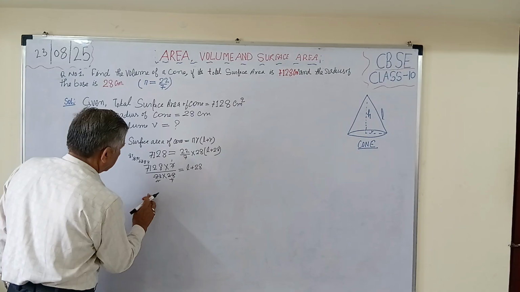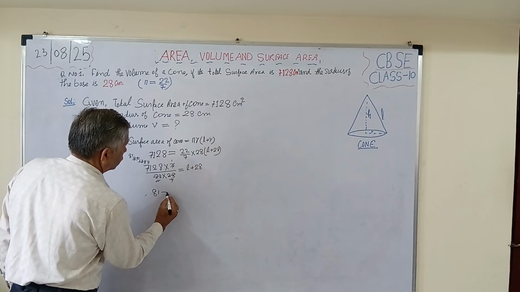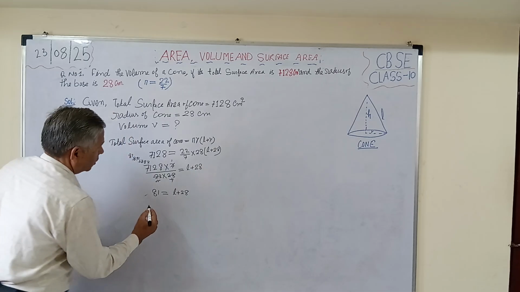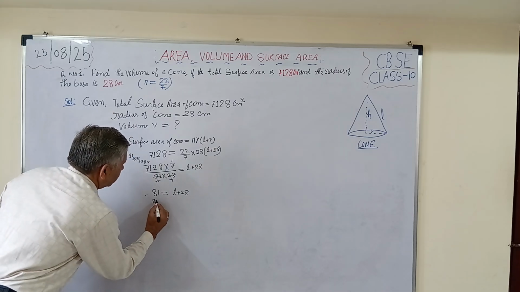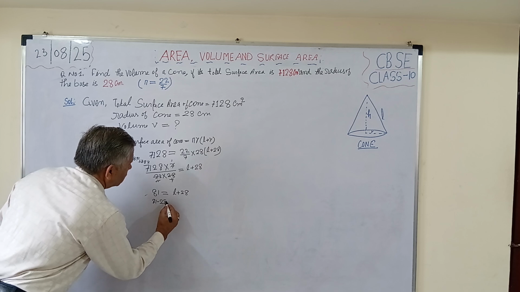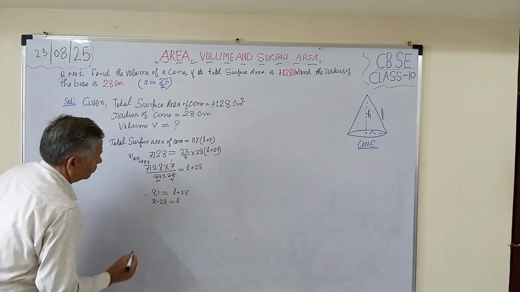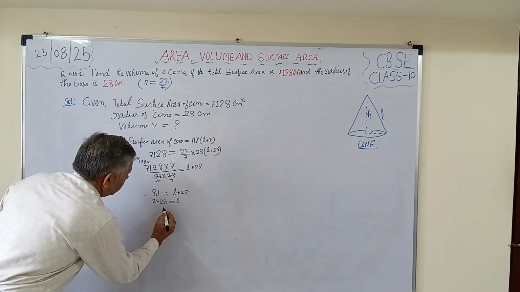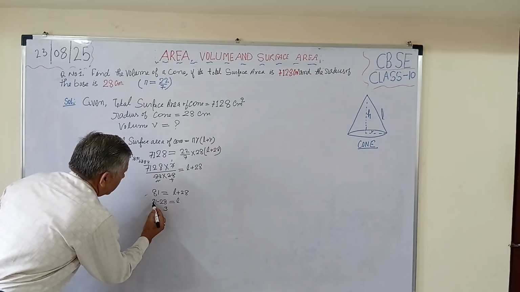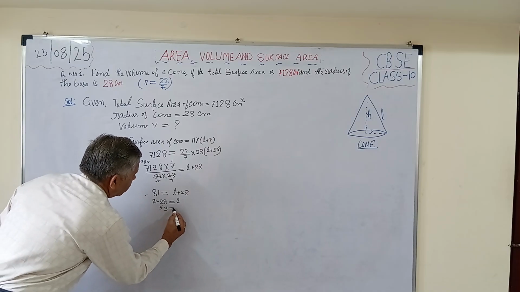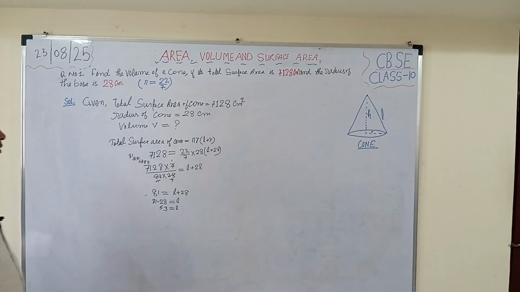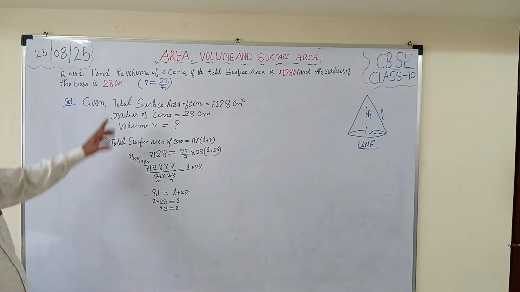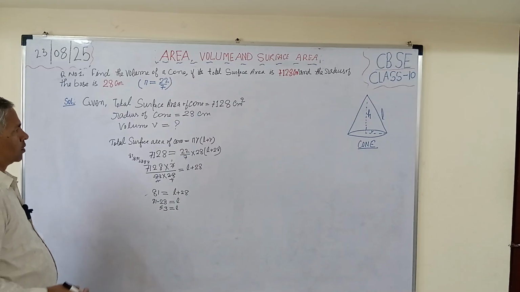So we get 81 equals L plus 28, or 81 minus 28 equals L. This comes out to be 53. So L comes out to be 53, that is, the slant height of this cone is 53 centimeter.